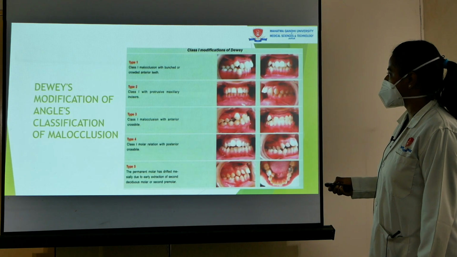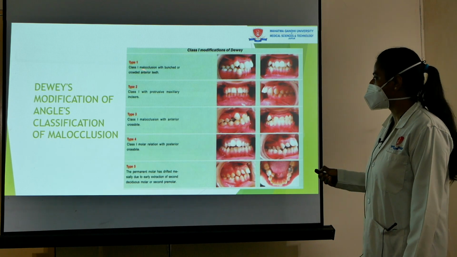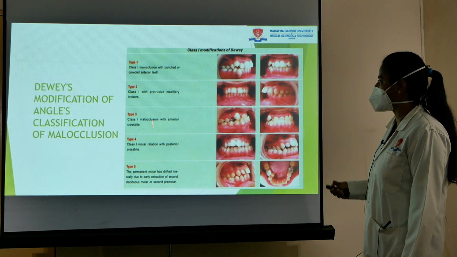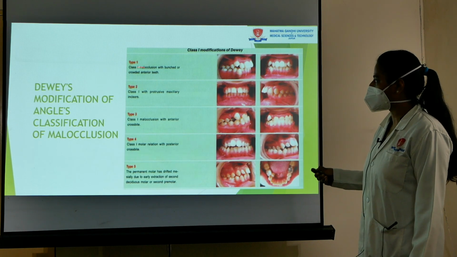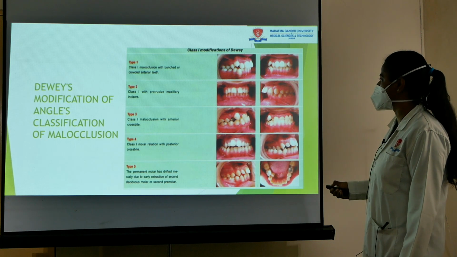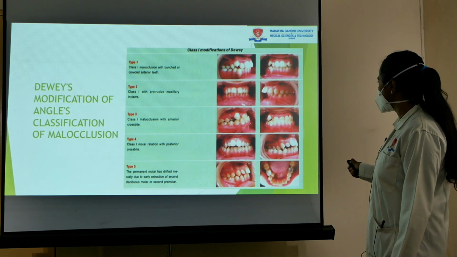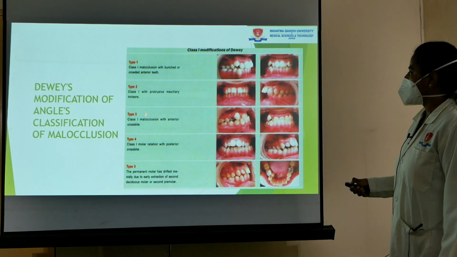Similarly, class 1 malocclusion has 5 types, it is called as Dewey's modification. It is type 1, type 2, type 3, type 4, type 5. Type 1 means class 1 malocclusion with bunched or crowded anterior teeth. Here the crowding is there with class 1 molar relationship. Type 2 means class 1 molar relationship but proclined anteriors. Then is the type 3.